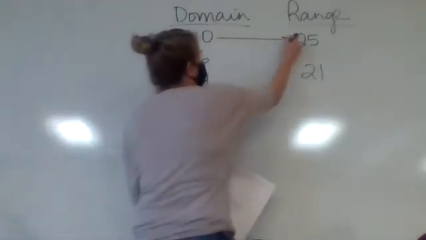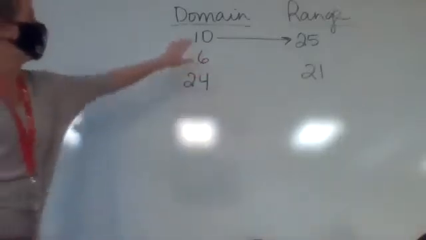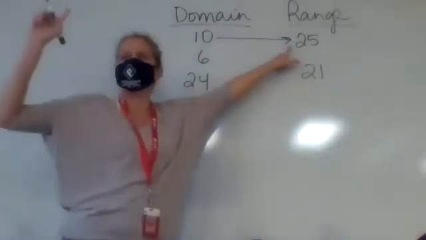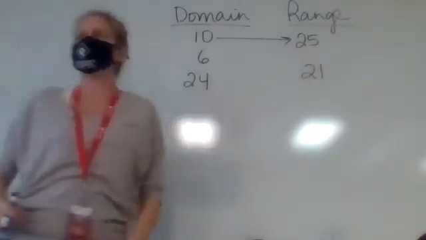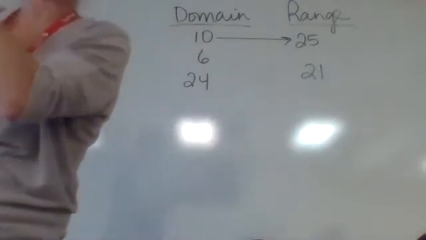The 10 has an arrow going to the 25. So what is this element in the domain going to? How many numbers does it go to? Just 1, right? Which means we're still a function. You're only not a function if one of your numbers in your domain goes to 2 numbers in your range or more. More than 1.